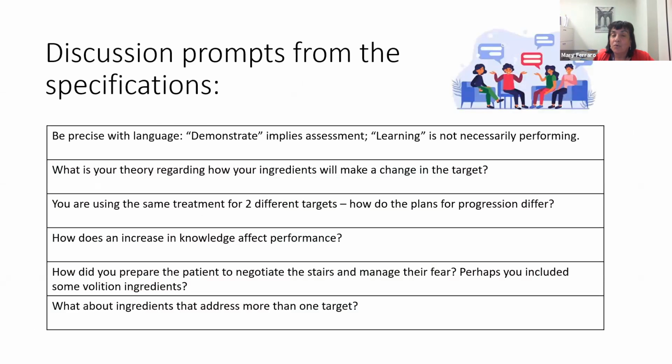So during these discussions, it's sparked good discussion about what they're doing and why they made those decisions, and ensuring that the ingredients align to make the change in the target that they've documented. And the comments that we've heard are that the structure, first of all, is helpful across the board, regardless of discipline, regardless of diagnosis.